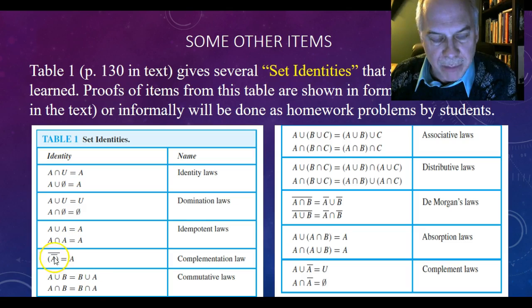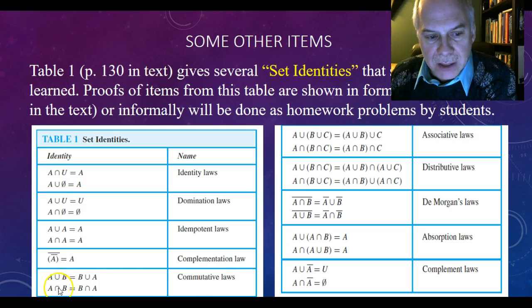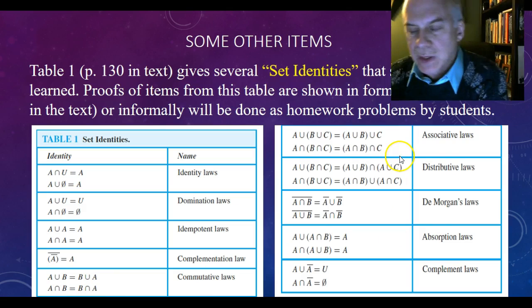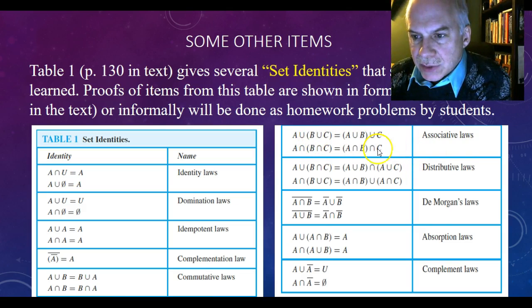This next one, the complement of the complement, is just that original set. A union with B is the same as B union with A, commutative property. A intersection B is the same as B intersected with A. And then you have the associative laws, you have distributive laws, De Morgan's laws. We've talked about that. The complement of the intersection is the same as the union of the complements.